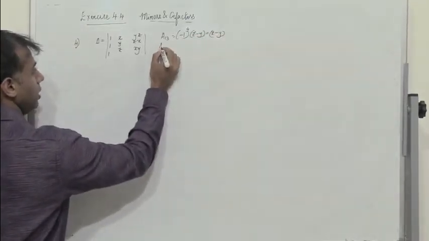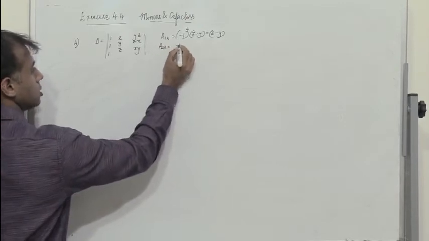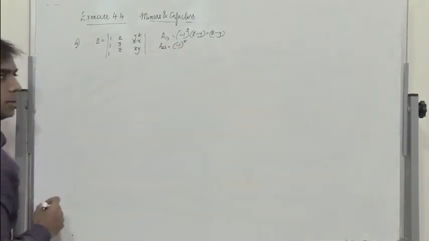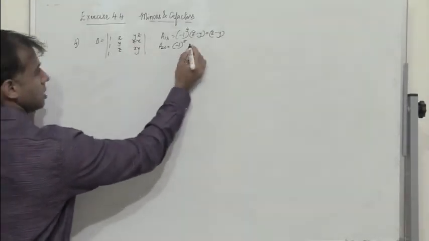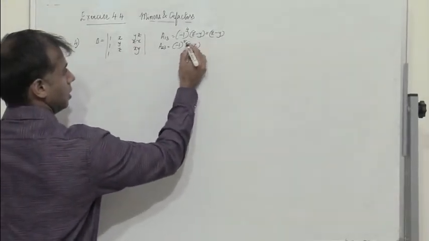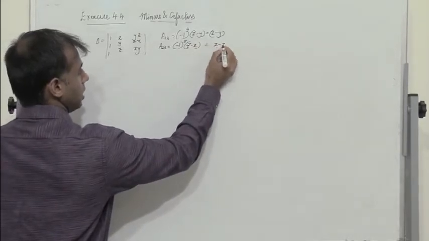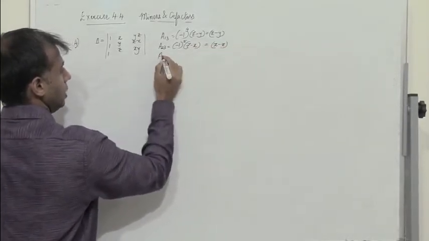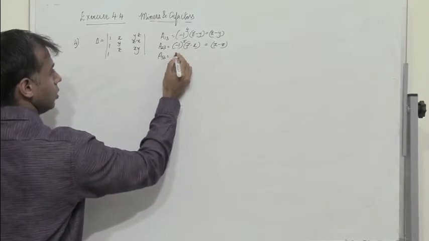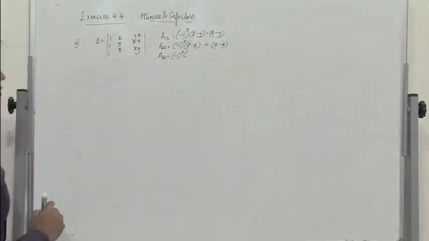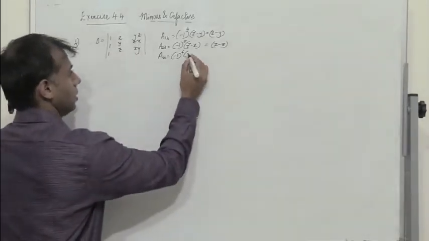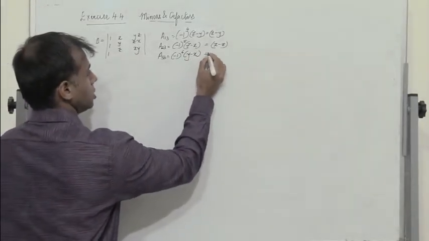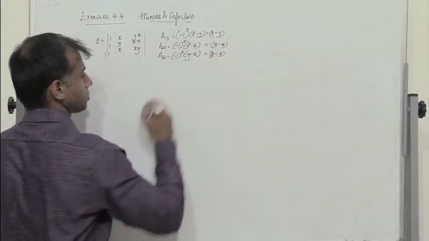Next we have A23, which is minus 1 whole power 5. Leaving the second row and the third column, I get z minus x, which is equal to x minus z. And then A33, which is minus 1 whole power 6. Leaving the third row and the third column, I get y minus x, which is y minus x itself.